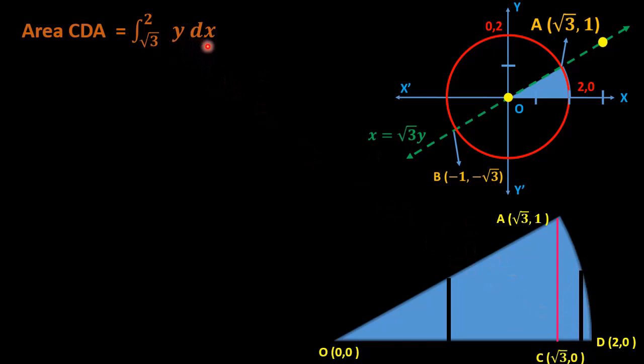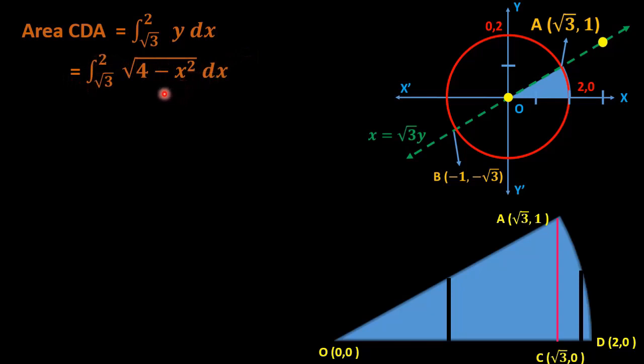But here, the curve associated with this area is the circle, so we take the y expression from the equation of the circle. The circle equation, as already given, is x square plus y square equals 4. From there, y equals under root 4 minus x square. So integration from root 3 to 2 of under root 4 minus x square dx.